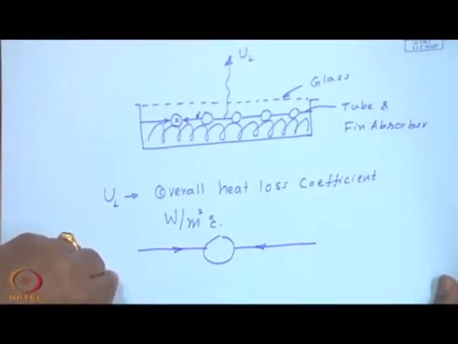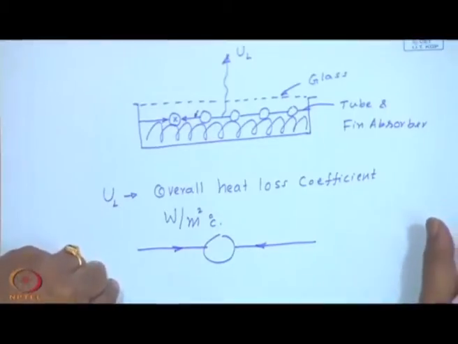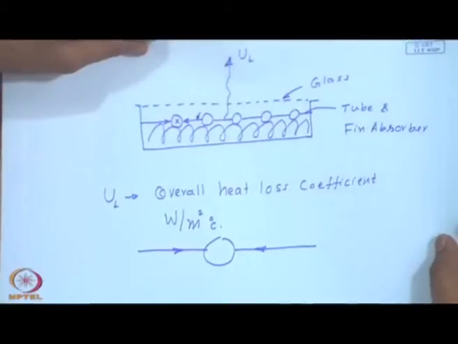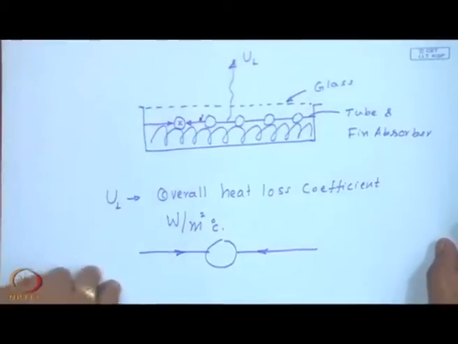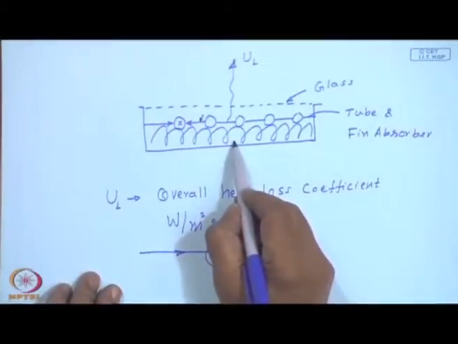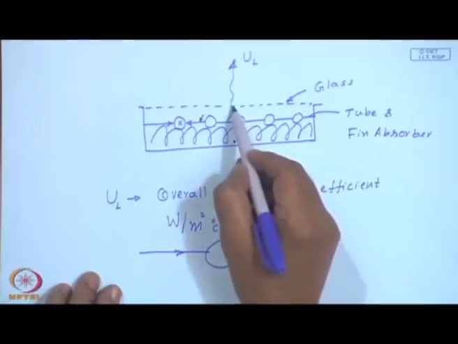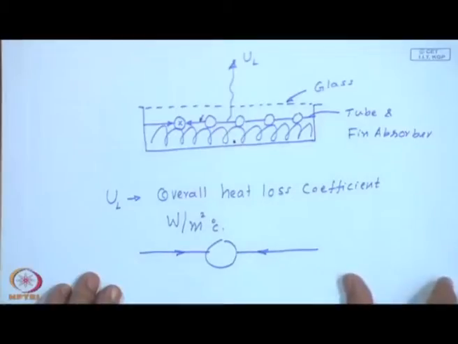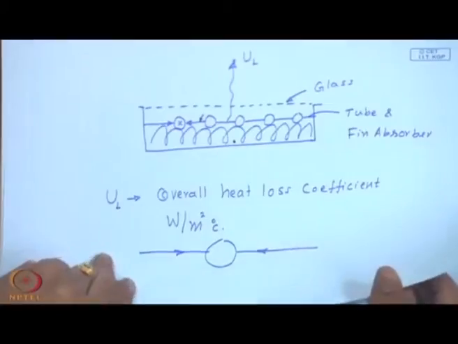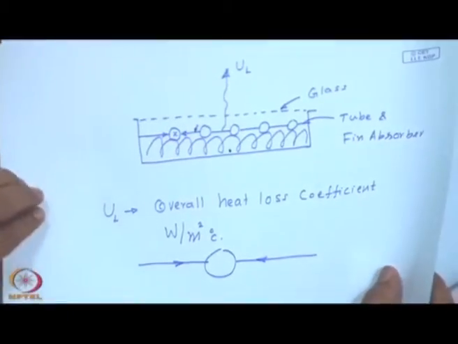This is based upon the fact that a black painted surface will absorb solar radiation more than a non-black painted absorber, and to reduce the losses we have put an insulation at the bottom and then a glass cover at the top to reduce radiation and convection losses. Still there is a certain loss taking place at the rate of U L watts per meter square degree centigrade.